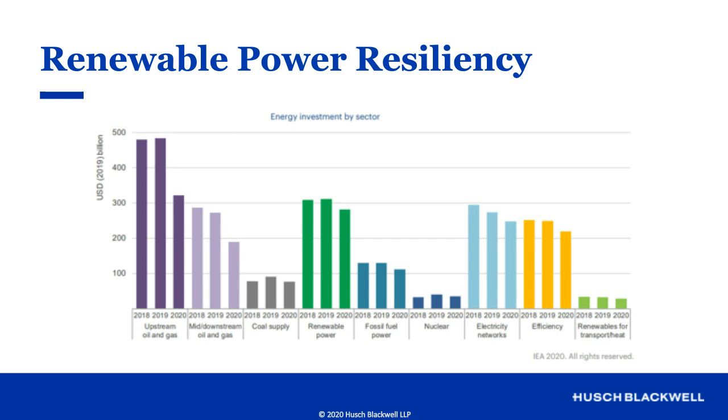And while you can see the green 3 bars in the middle from 2018, 2019, and 2020, you can see that renewable power has dropped in 2020, but you can really see the declines that have occurred in upstream oil and gas and midstream oil and gas. Everything's taken a hit, but the last 3 charts have really showed us what kind of a hit oil and gas has taken.